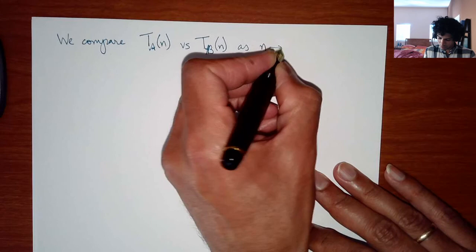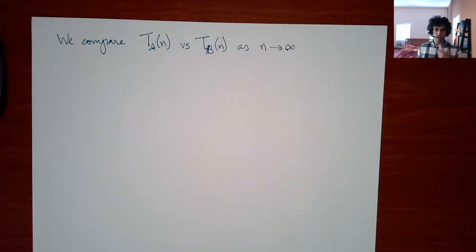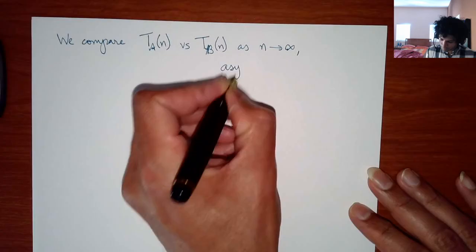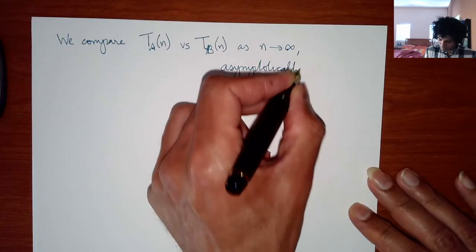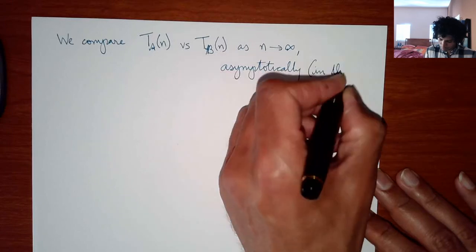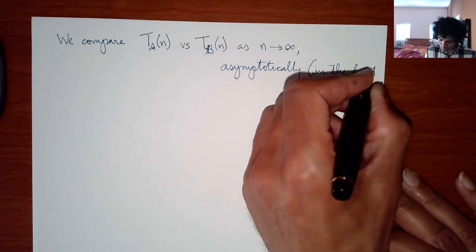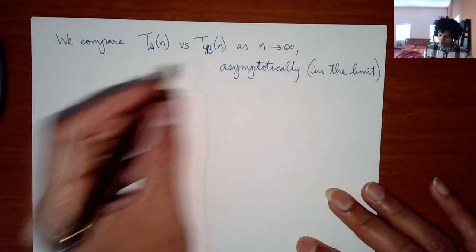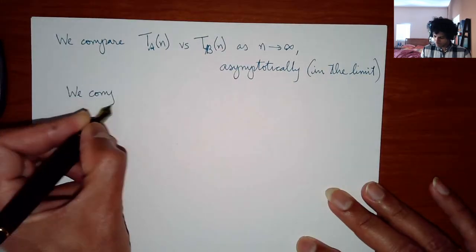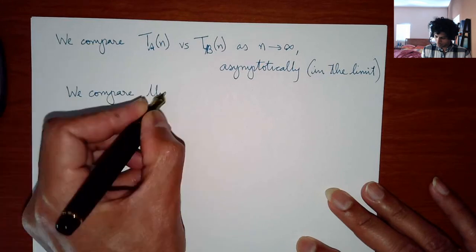This is known as asymptotically, or also in the limit. Another way to think about this is, instead of comparing the functions, we actually compare the rates of growth.